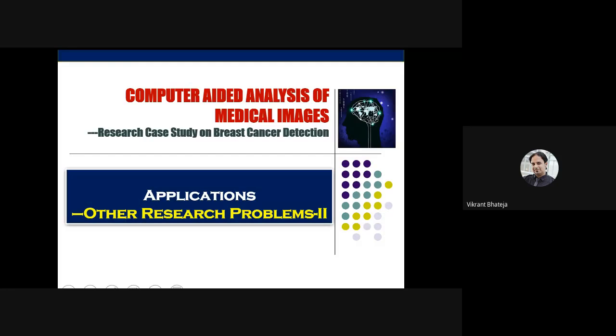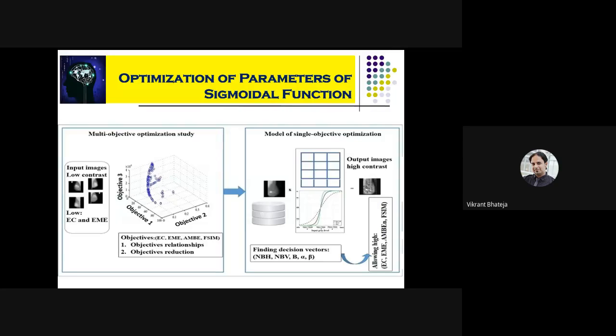Now another thing, there is another sphere where one of my students has worked in this domain. If you saw the earlier part, with the sigmoidal function, we were doing manual tuning of parameters. Now this is another work where multi-objective optimization has been applied. A genetic algorithm has been applied, so that what we were doing in the form of manual tuning, we are now trying to do with the genetic algorithm, so that a more optimized set of parameters is available for this new sigmoidal function.